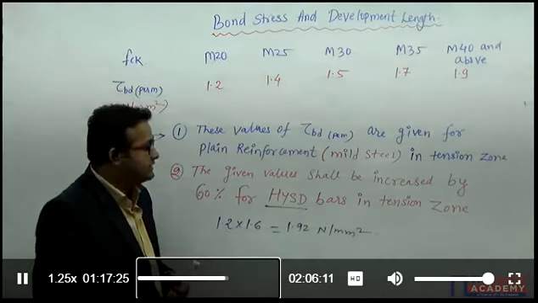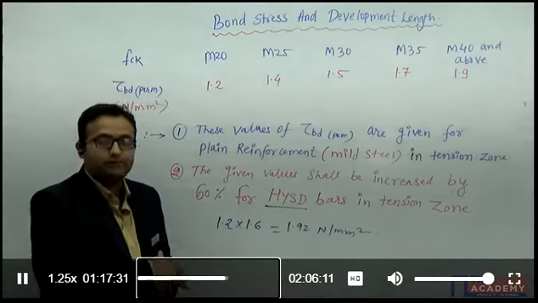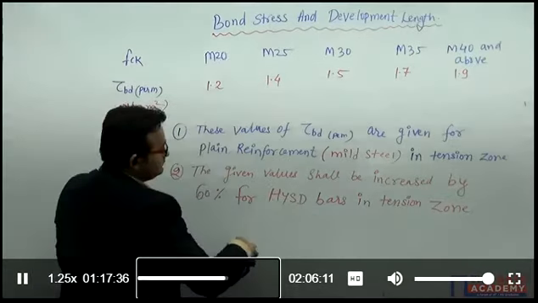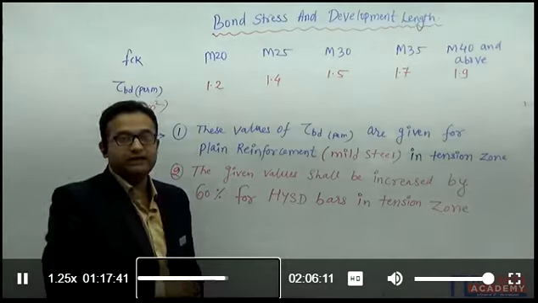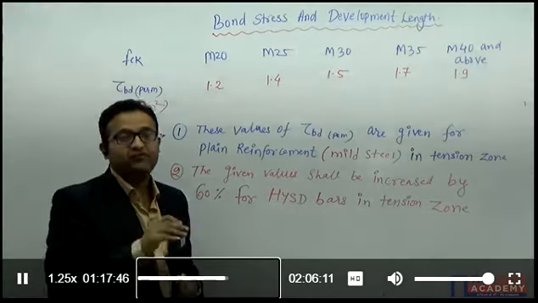Now somebody may ask me, sir, if you are using the reinforcement in the compression zone, what should be the bond strength? So my answer is, if I am providing the reinforcement in the compression zone, then the bond strength of the concrete shall be increased by 25%.